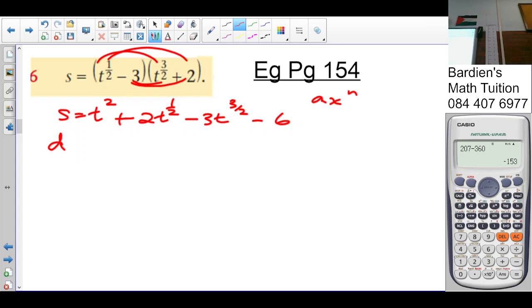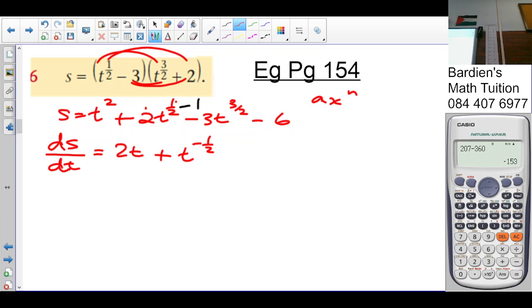So what do I say here? ds over dt is equal to. Apply the derivative, what do we get? 2t to the exponent 1. Not so? So 2t to the exponent 1, plus half times 2 is 1, minus 1 gives us t to the minus 1 half.